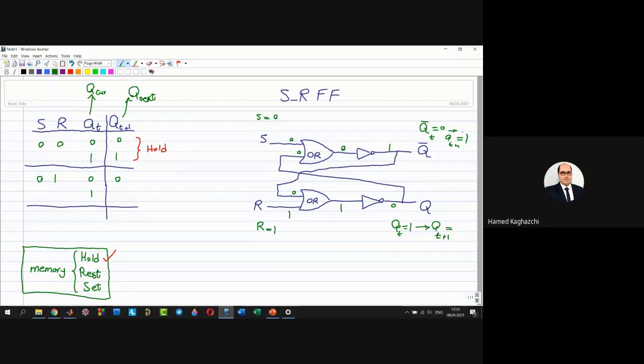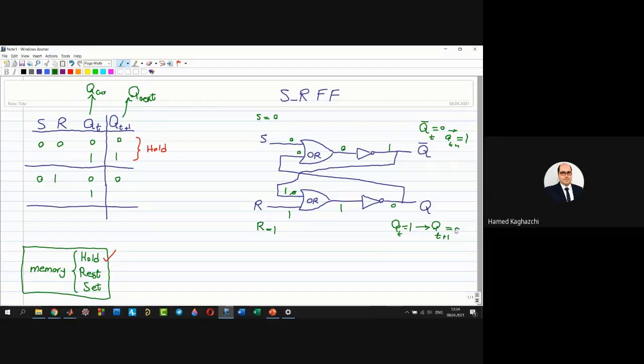Goes from 0 to 1. Now this value of this signal changes from 0 to 1. If I have 1, 1, what happened? Again, the output will be 1. And also the output of the NOT will be 0.